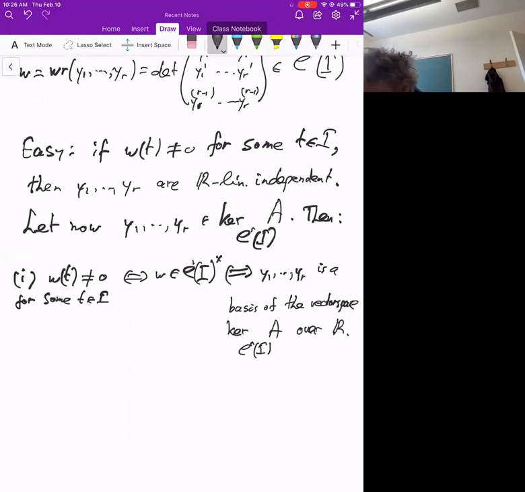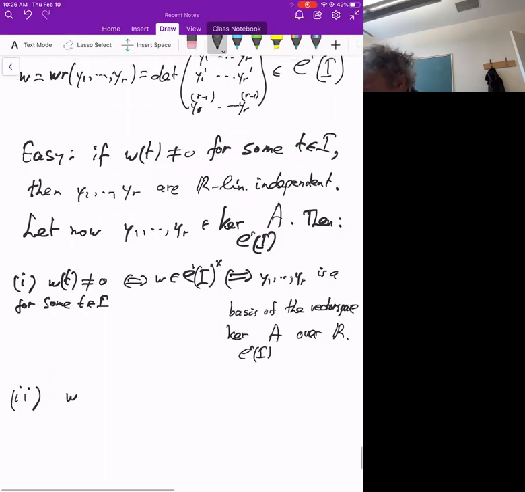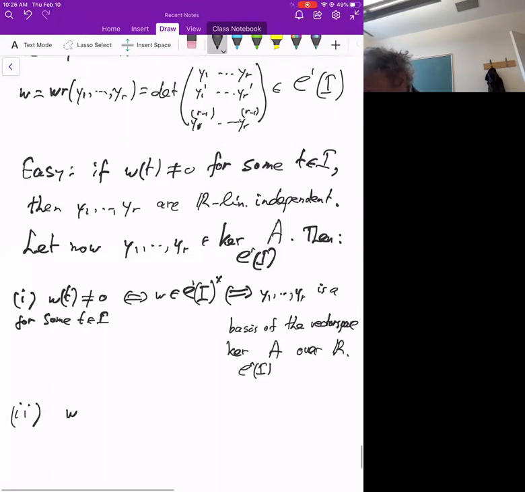Again, let me mention another fact which is interesting and useful. This W, as I mentioned, is still a continuously differentiable function, so you can still take its derivative, and it actually satisfies the following differential equation, which is now of order 1.